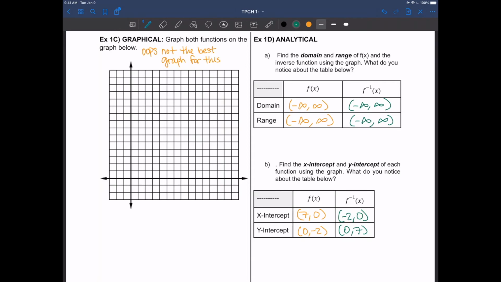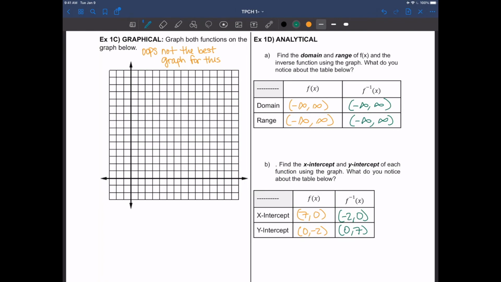But maybe you might be able to pick this up from the x-intercept and the y-intercept of each function. The x-intercept of f of x was (7, 0), and the y-intercept was (0, -2). The x-intercept for f inverse is (-2, 0), and the y-intercept for f inverse of x is (0, 7).